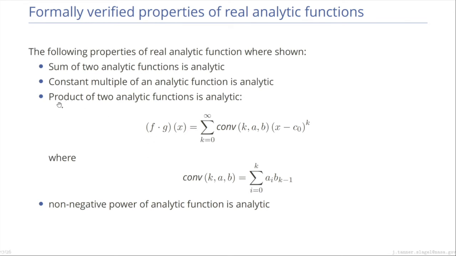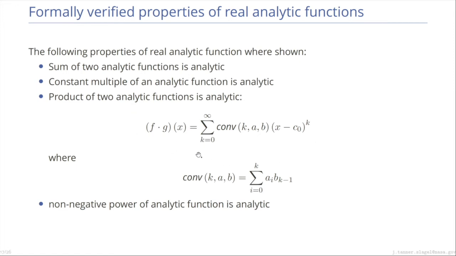This was not a trivial thing to prove. First you have to find the form of this product, and you have to use this discrete convolution operator that convolves the sequences associated with f and g. It's important to note, if you have two series and you make a new series by multiplying the terms of these series, that need not converge necessarily.